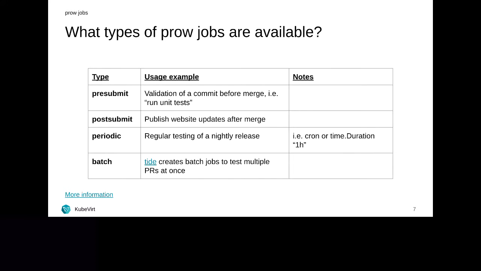Then there is the periodic job, with which you can do regular testing or regular creation of resources, or whatever needs to be done regularly. And the last example is the batch job: Tide uses batch jobs to test multiple PRs at once, all in one job.